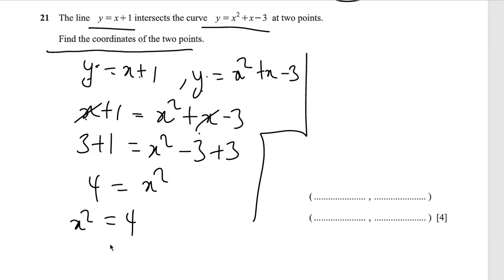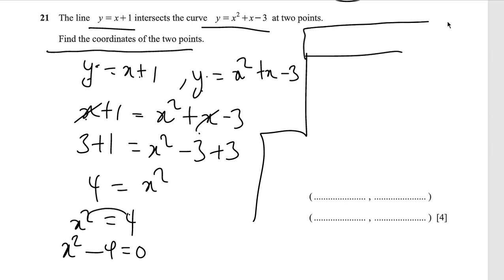In order to solve this, you must be very careful, right? One way to do that is to simply move 4 to the left hand side of the equation. Then that's going to be x squared negative 4 equals 0. Using the difference of 2 squares property, you know that a squared negative b squared is equal to a negative b into a plus b.